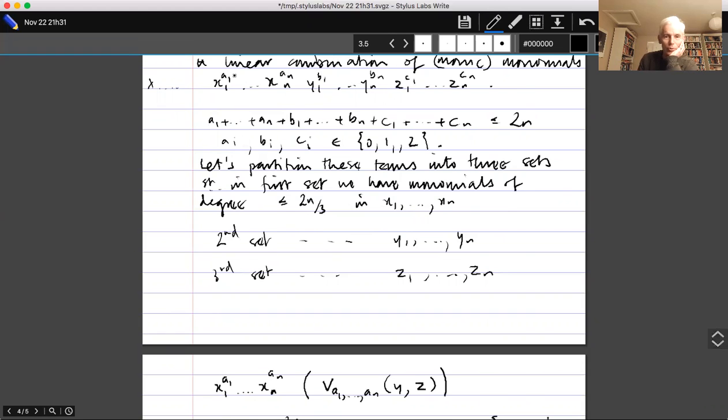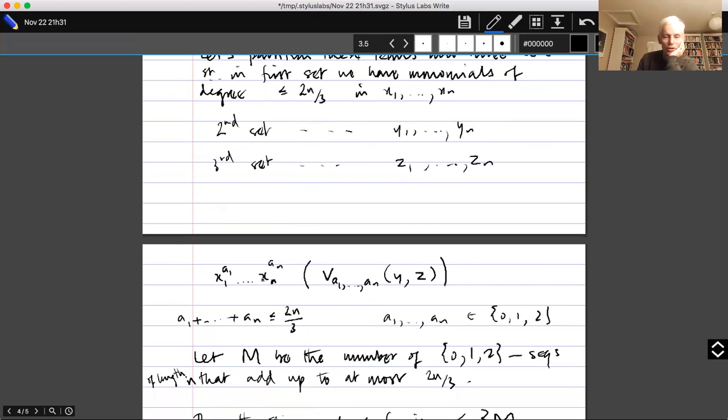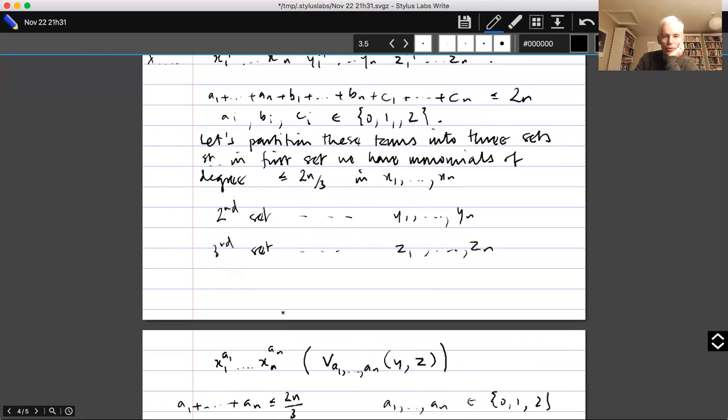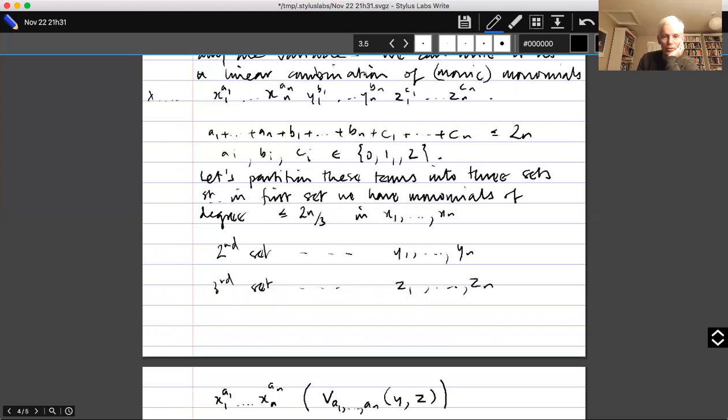And I do that for all the possibilities for a1 up to an, which then contributes capital M, I mean, the number of functions that I've taken here is capital M. And then I do the same for the ones where b1 up to bn is smallest and c1 up to cn is smallest. And I get another m functions and another m functions.